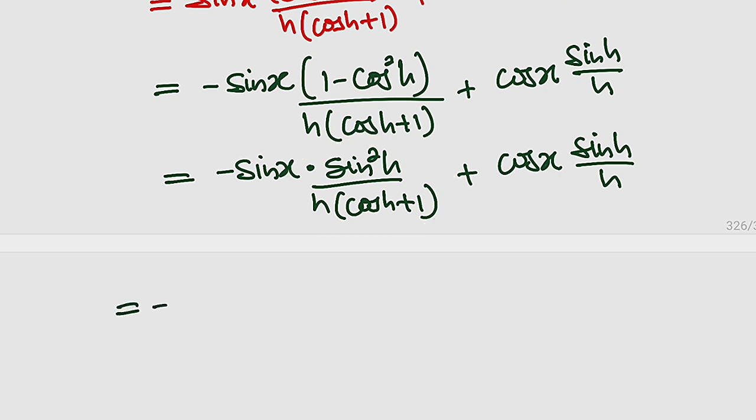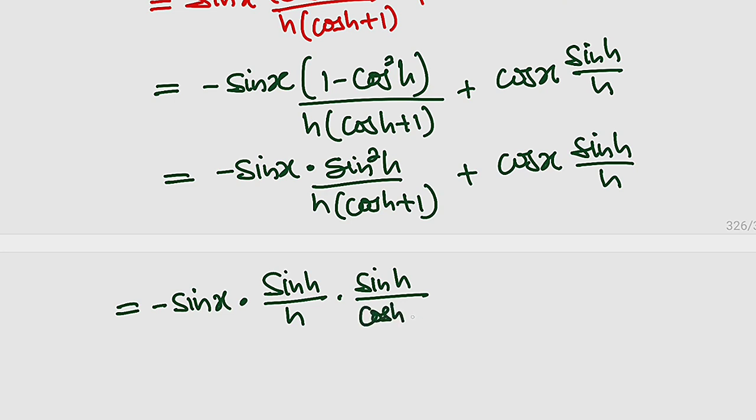This is equal to, already we have negative sine x multiplied by, we can write sine squared h as sine h times sine h. So we have sine h divided by one of the h's, because we have h here, multiplied by another sine h divided by cos h plus 1.